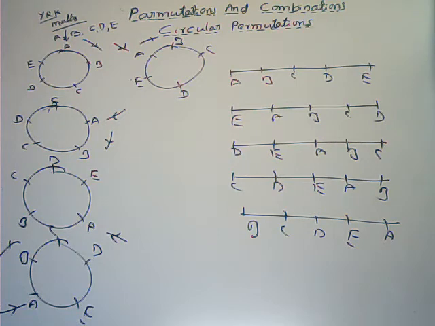A comes to this place, B comes to this place, C comes to this place, D comes to this place, E comes to that place. Like that, every object jumps into the next place only.